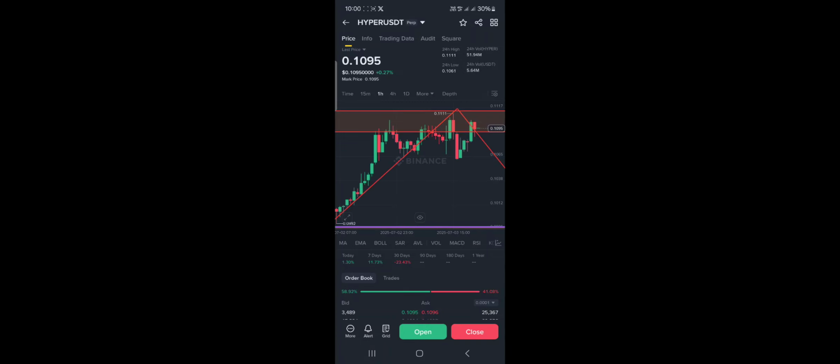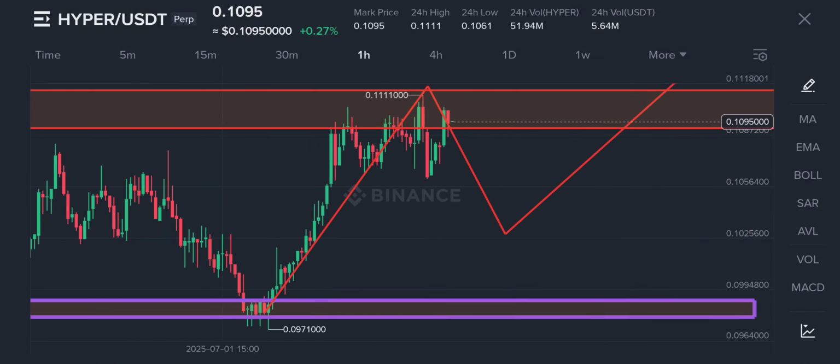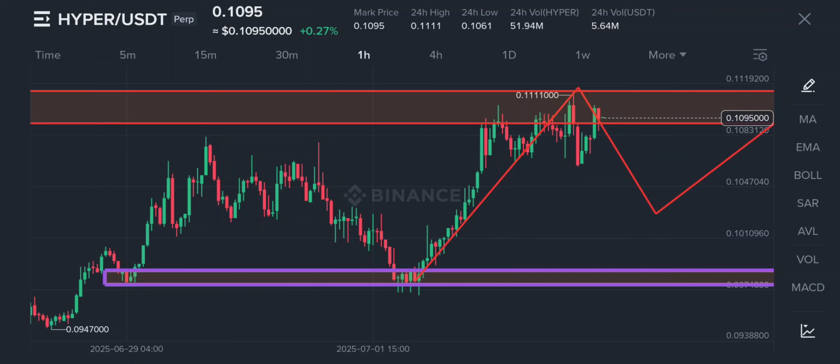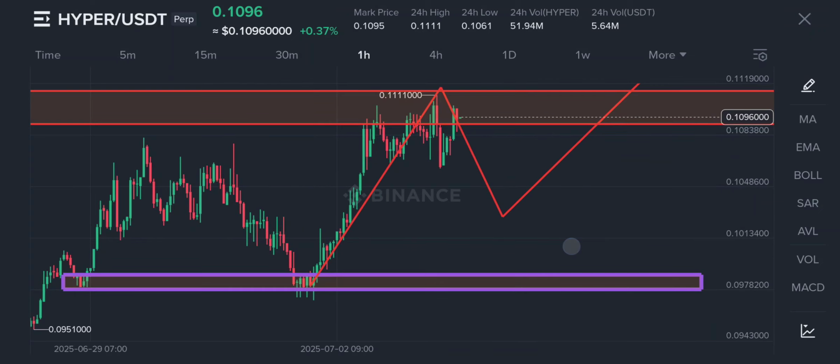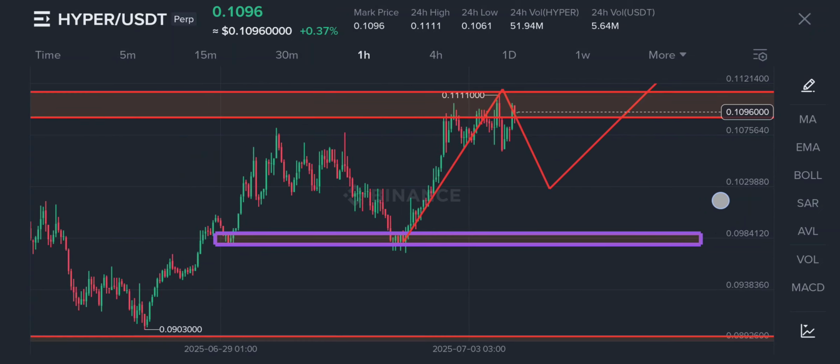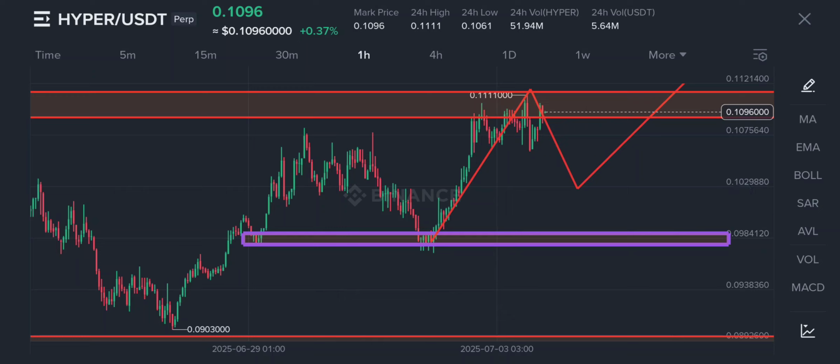Okay, so guys, that is what I am seeing on Hyper right now. So you can take the signal and trade it. As you know, all our signals here are live trading, and they are the signals that I will take as well.